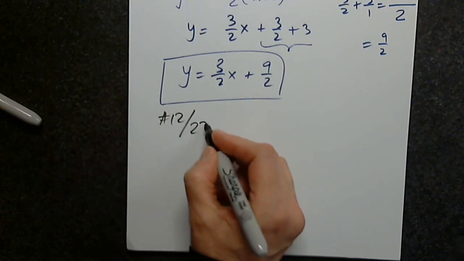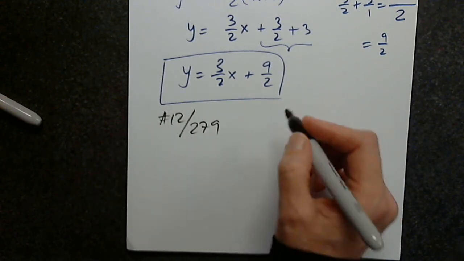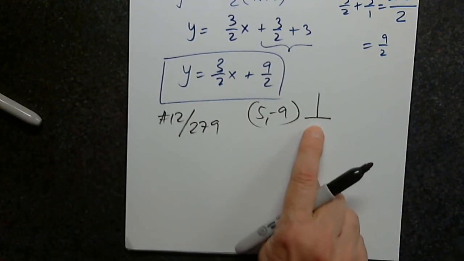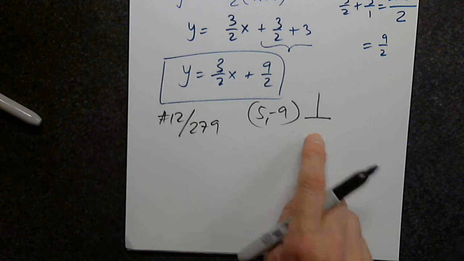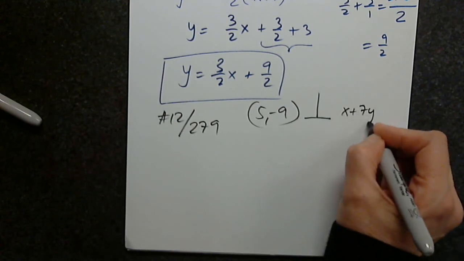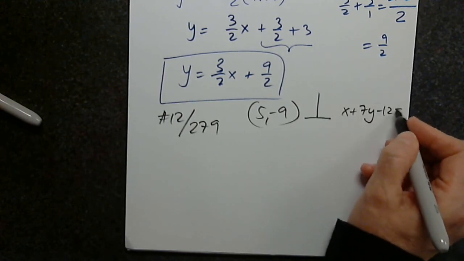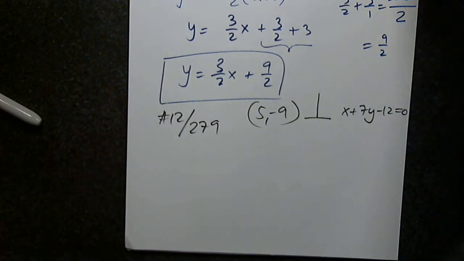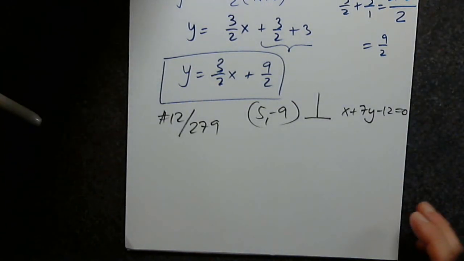Same page, 279. It passes through (5, -9) and is perpendicular, this is the symbol for perpendicular, to the line whose equation is x plus 7y minus 12 equals 0. I'm not graphing anything exact. I'm only giving you the idea.